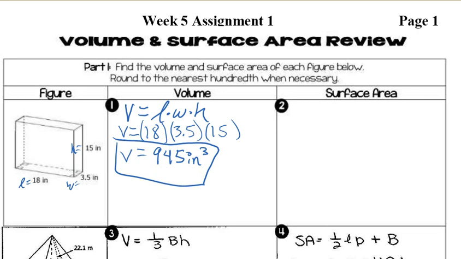But if you notice, for a prism, this front side is the same as this back side, right? So that means you have 2 of those shapes. And then here on top, you have a long rectangle here, but you also have a long rectangle here.